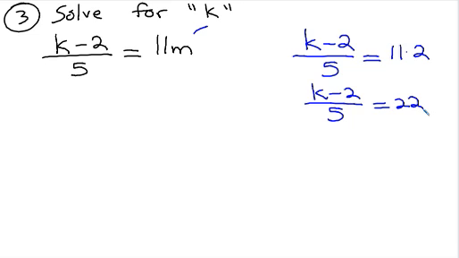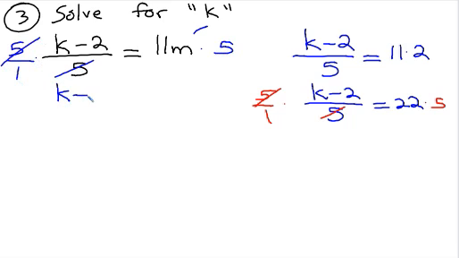Wouldn't I multiply both sides by 5 first? All right. So over here, I would multiply both sides by 5 first, so that my 5's cancel. We're going to do the same thing on this problem. I'm going to multiply both sides by 5 first. So the 5's cancel. And now I have k minus 2 equals 55m.